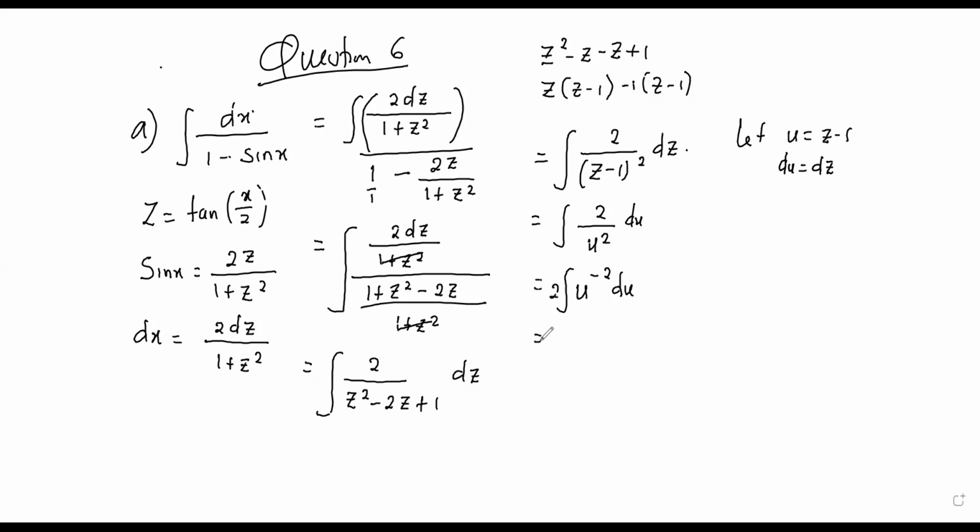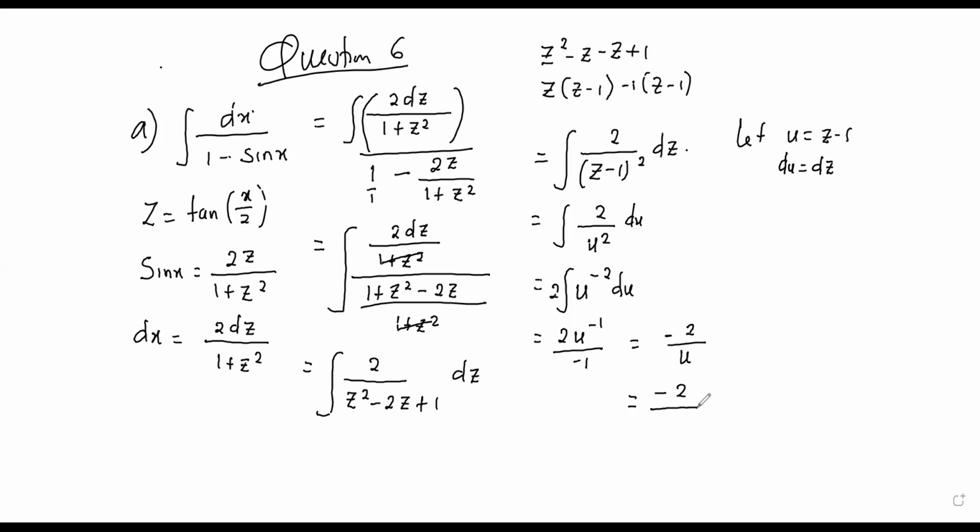Then we can integrate, adding 1 to the power. So we have 2u to the negative 1 over negative 1, which is negative 2 over u. Now what is our u?